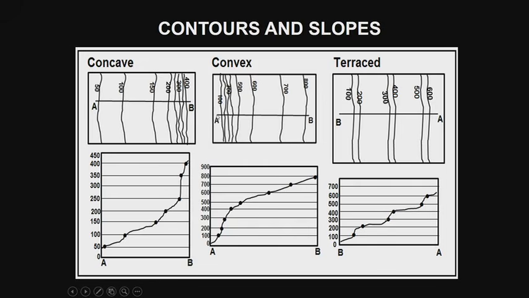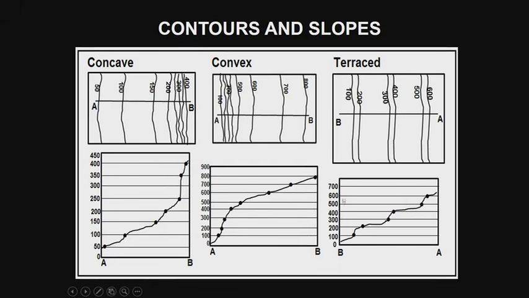So if I start at the bottom of the slope at A, I first have a steep slope, and then it becomes gentle. My contour lines are close together first, and then they become spread wider apart. So it's first a steep slope, then a gentle slope. And if you look at the cross section at the bottom, first a steep slope, then a gentle slope. So this slope is convex. Your convex is the opposite of your concave.